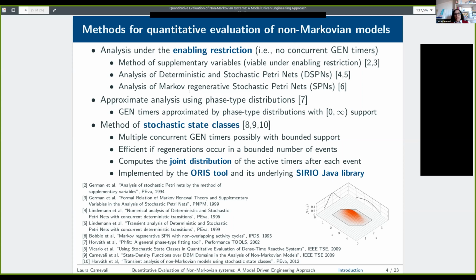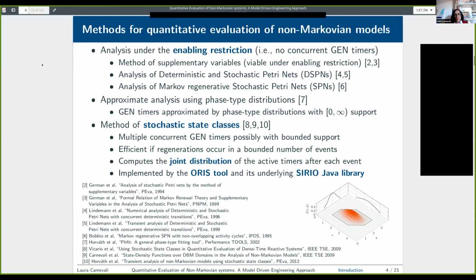And so pursuing this approach, we obtain a sort of Markovianization of our initial model. Of course, we have to achieve a trade-off between the accuracy of approximation and the complexity of evaluation. And in any case, we approximate general non-Markovian distributions with distributions that have zero-to-infinity support, and so it is not possible to preserve bounded supports.